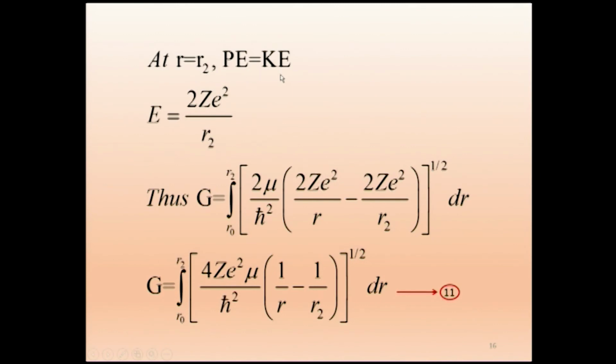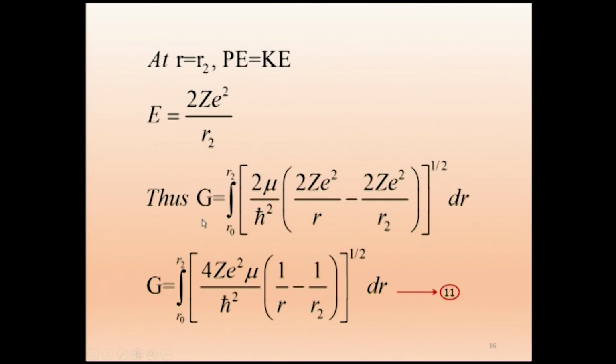Already in the diagram we have seen that at R equal to R2, potential energy equals kinetic energy. What is the kinetic energy? That is E. And what is the potential energy? 2z squared by R2. 2z squared by R is the general potential. At R equal to R2, we write this one.